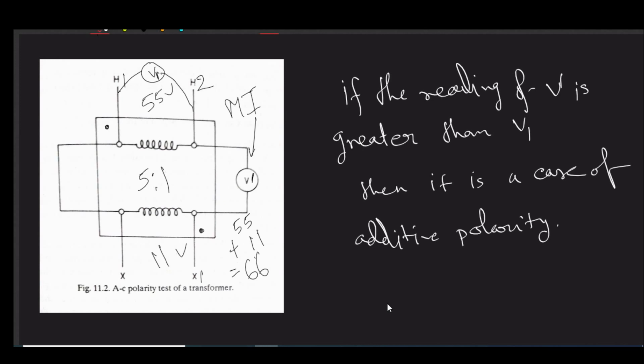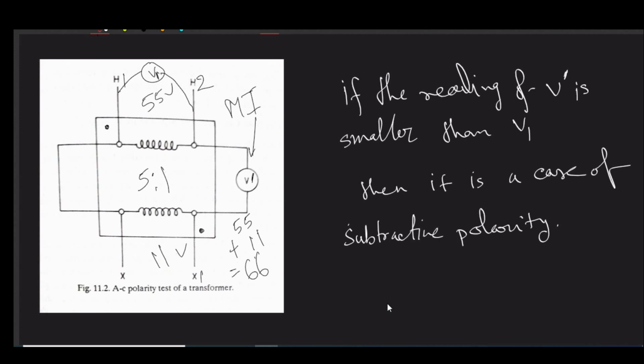But in case it gives you something less, if the reading of V dash is smaller than V1, then it has subtractive polarity.